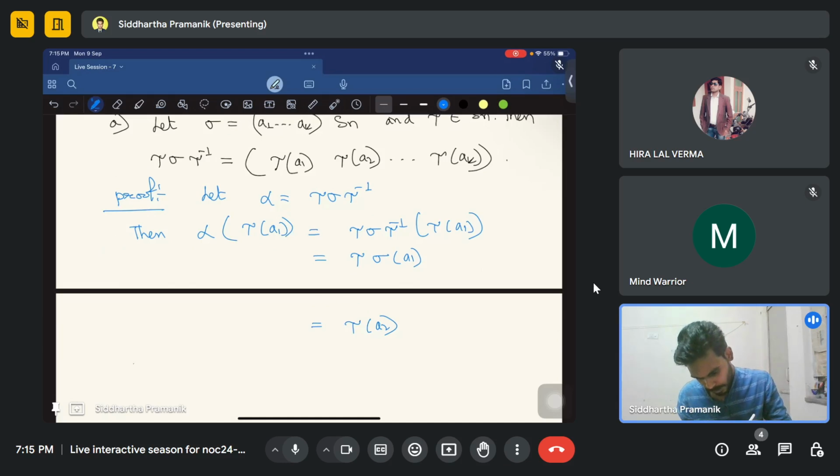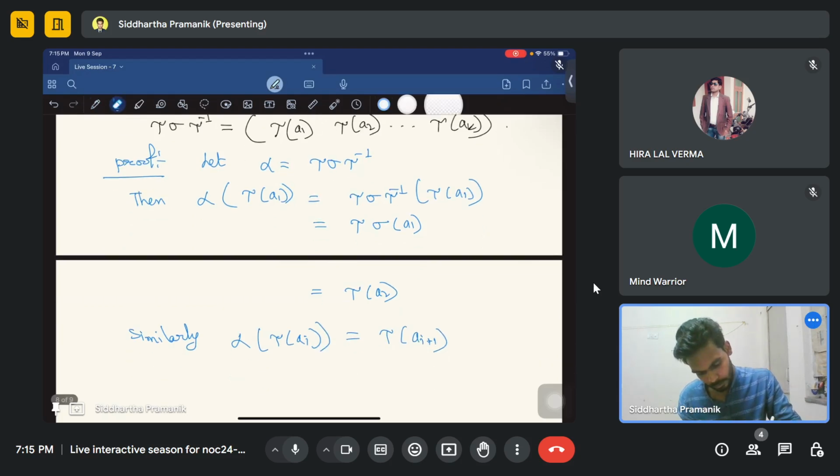Similarly, alpha of tau ai is tau a(i+1) for i equals 1 up to k minus 1.